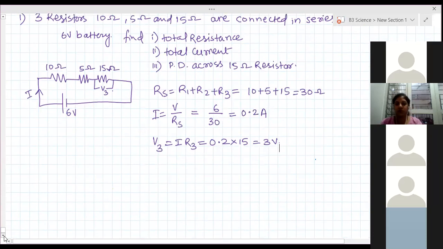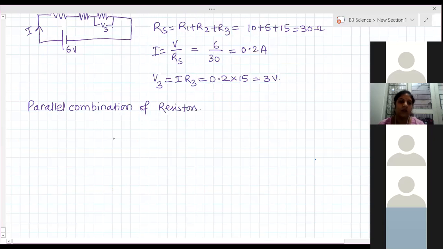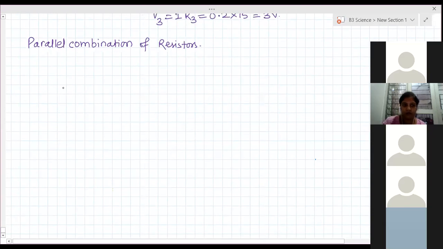So this way the series combination questions are there. The next is now parallel combination. The similar one, we have to find out the total resistance for parallel combination. Parallel combination of resistors. Suppose three resistors are connected in parallel.